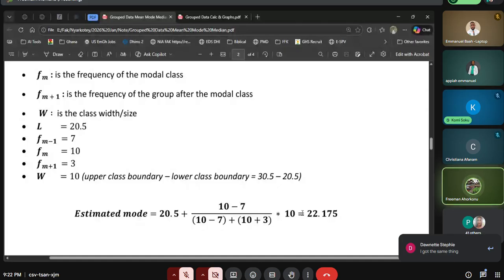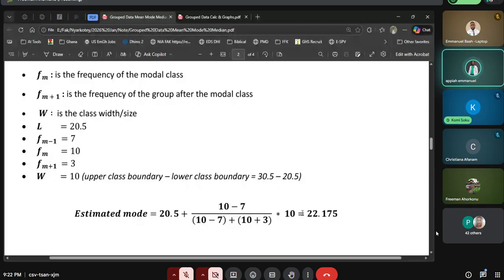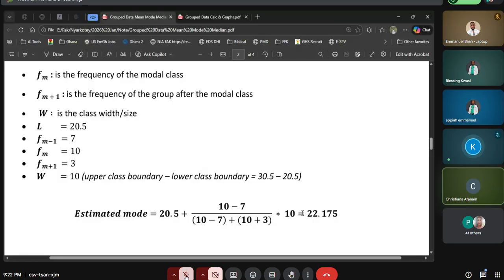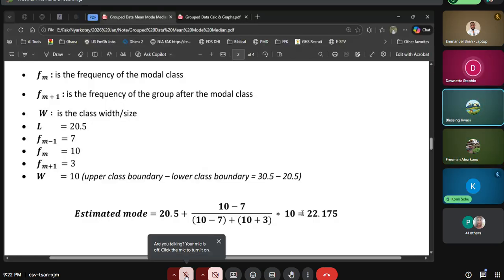You input it like that on the calculator straight away. Yes, I input it on the calculator as you have done. I also got the same thing, 22.375.